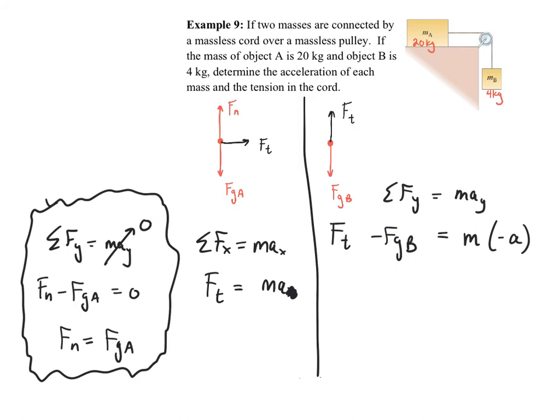And again, use logic. If F_T is positive and it's acting up, then F_g is negative and it's acting down, well then down is negative. And this object is going to move down, so acceleration is going to be negative. But because I'm trying to solve a system of equations where a is unknown and F_T is unknown, I need to somehow represent the fact that this is moving downward when this one moves to the right, to show that these signs are always going to be opposite of each other.